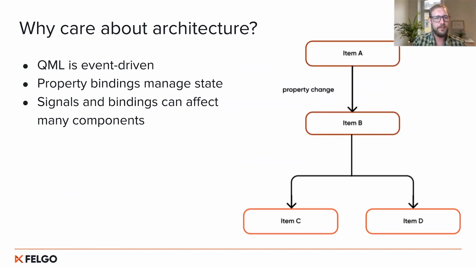QML is event-driven, and property bindings essentially manage the state. The signals when properties change notify other components, and each of the property changes that also notify other components propagates through many items, and this forms a graph like you can see here.